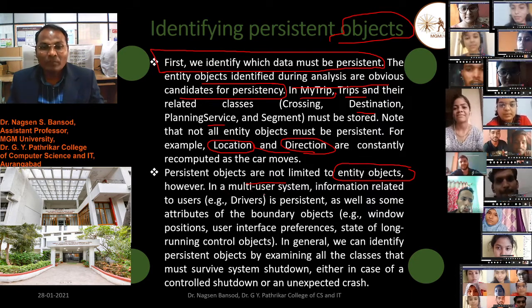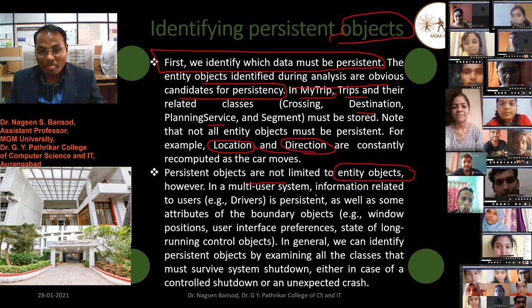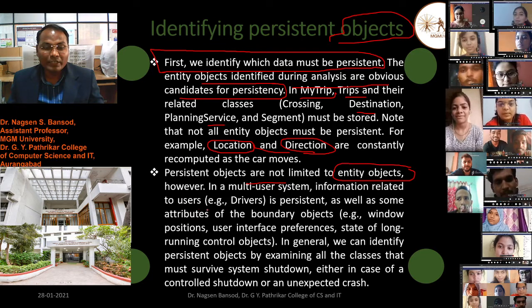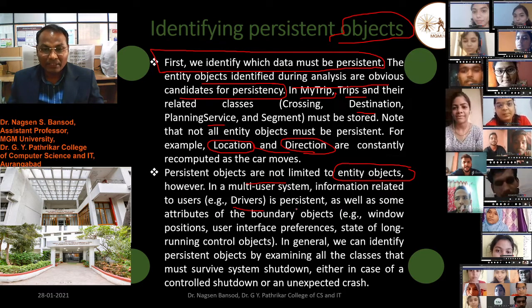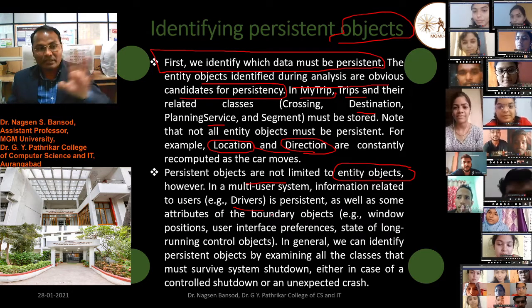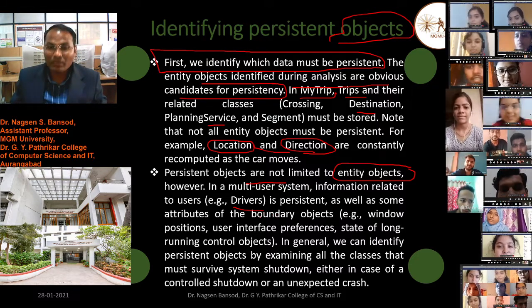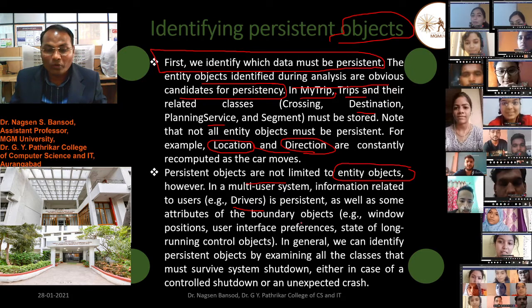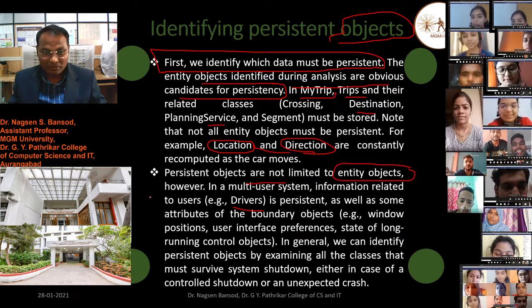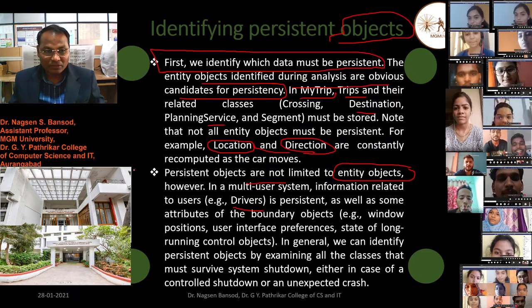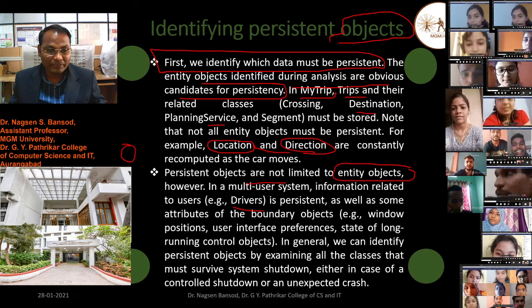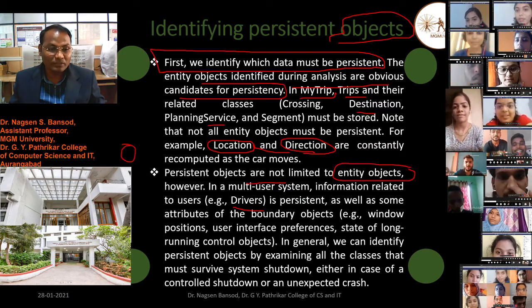However, in a multiple user system, information related to the user, for example the driver, is persistent. Driver is the object, and this is a persistent object. As well as some attributes of the boundary objects. Sometimes there are boundary objects not from the planning subsystem and not from the routing subsystem.